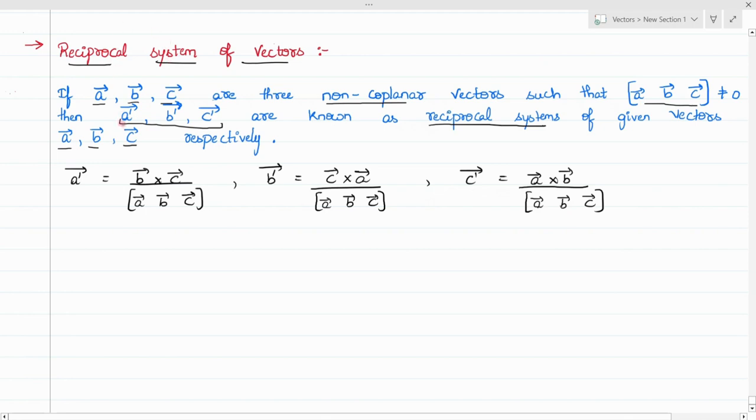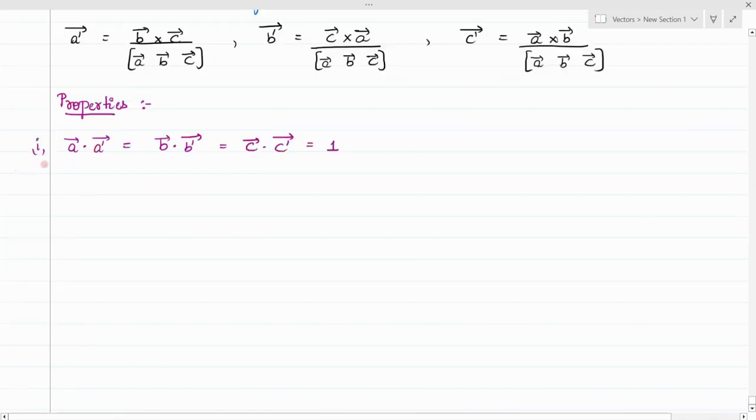Now let's see some properties of these reciprocal vectors. The first property is when you multiply a vector with its reciprocal, you'll always get output as 1. So let's prove this.